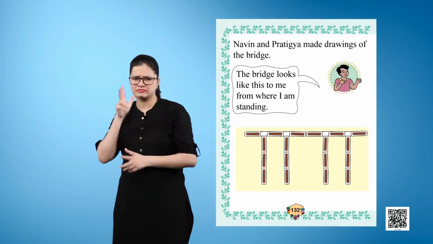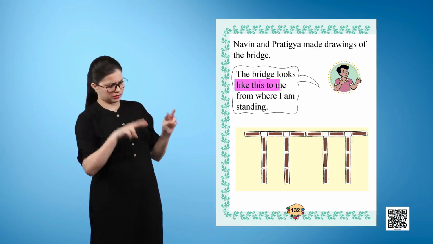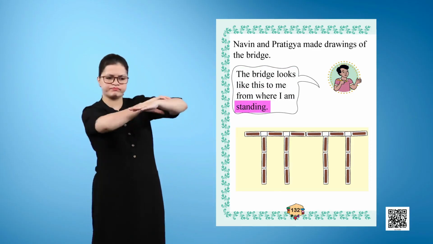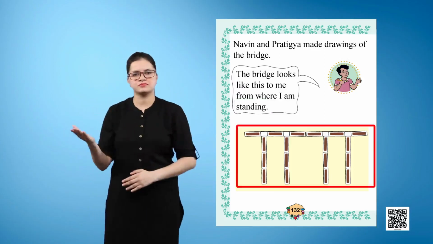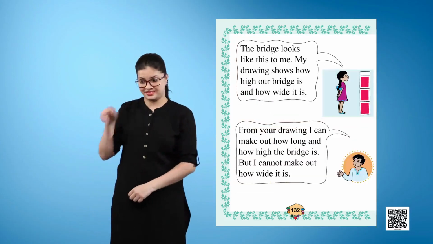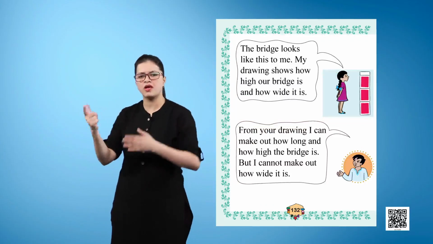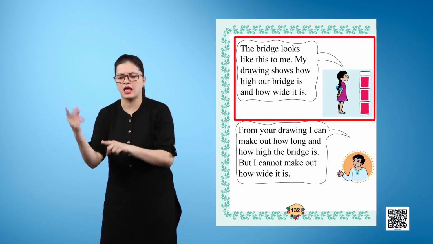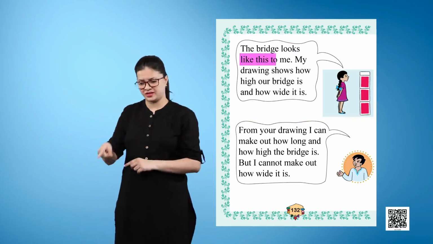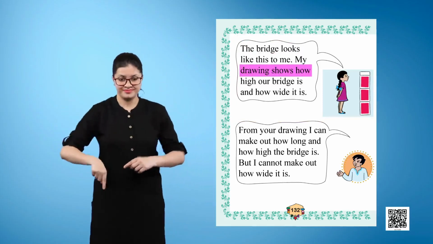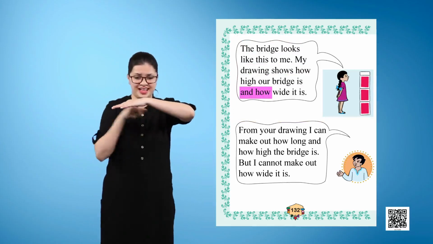Naveen is saying, "The bridge looks like this to me from where I am standing," and we can note how his perspective looks. To this, Pratigya answers, "The bridge looks like this to me. My drawing shows how high our bridge is and how wide it is."